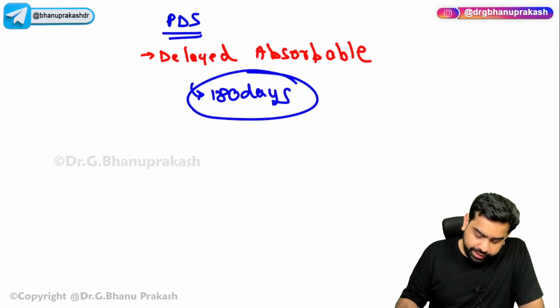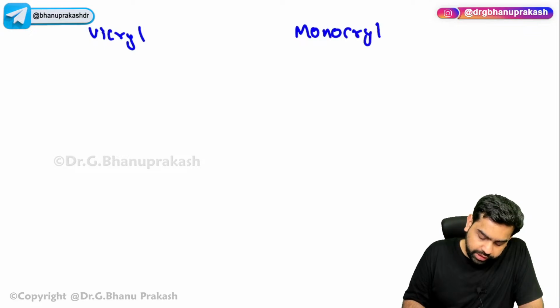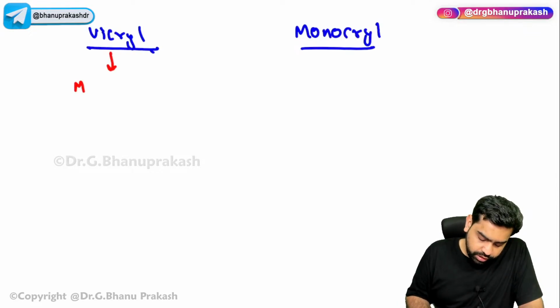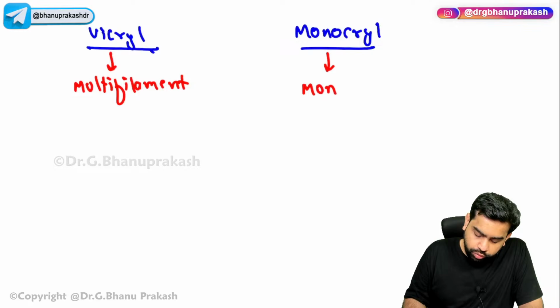Now let us talk a bit more about vicryl. Vicryl and monocryl, both of these are again absorbable sutures. The only difference is that vicryl is a multifilament suture and monocryl is a monofilament suture.